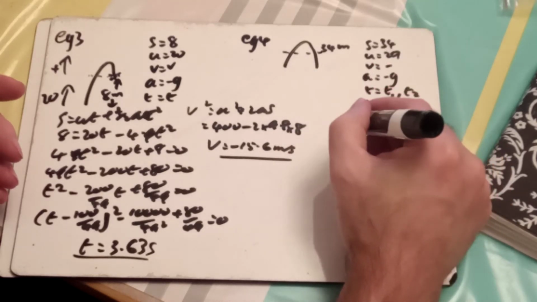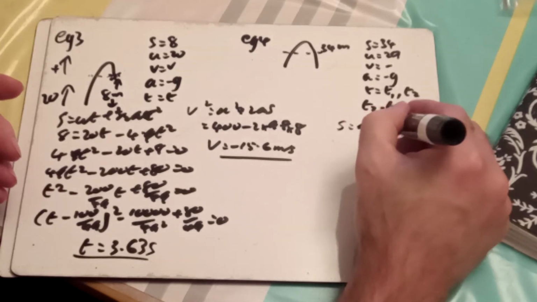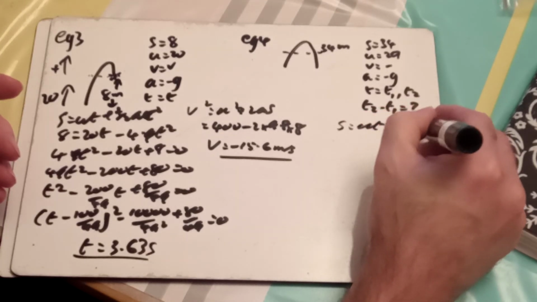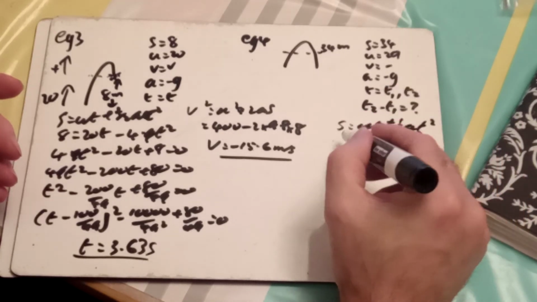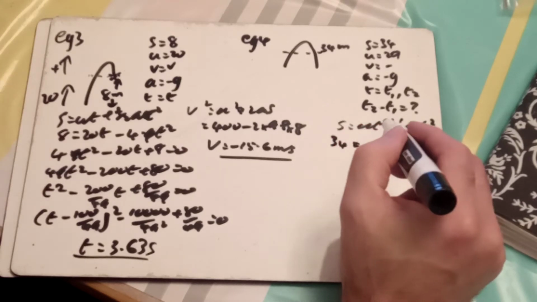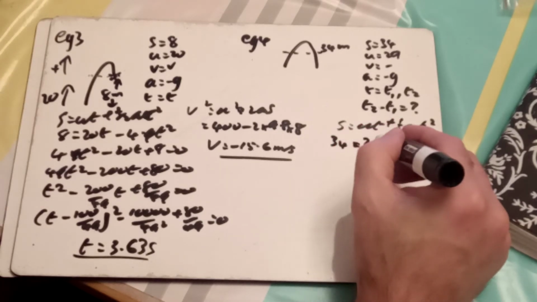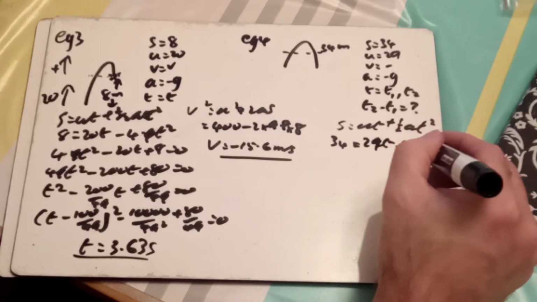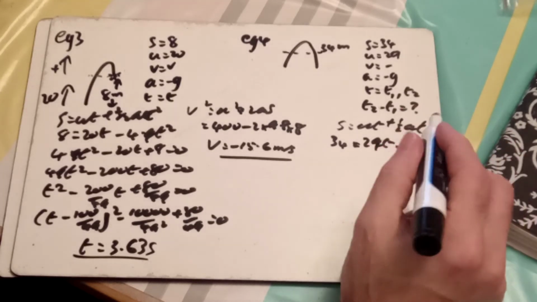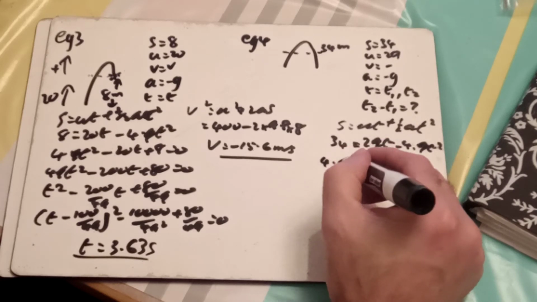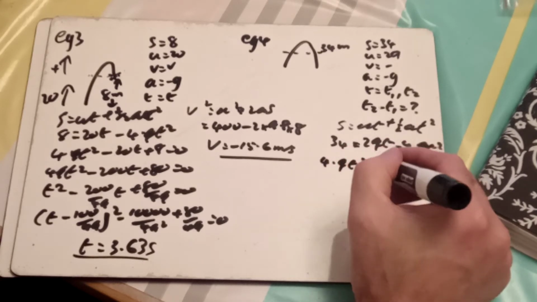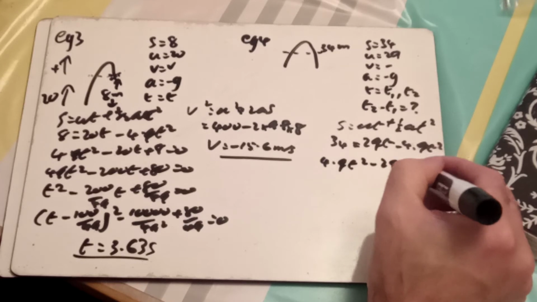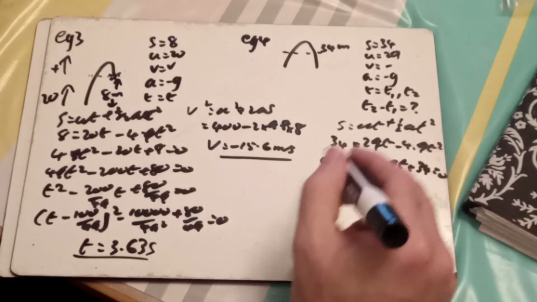So, yet again, S equals UT plus a half AT squared, 34 equals 29T minus 4.9 T squared, 4.9 T squared minus 29T plus 34 equals nothing.